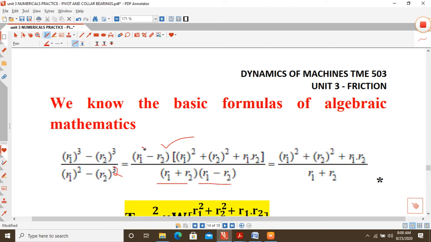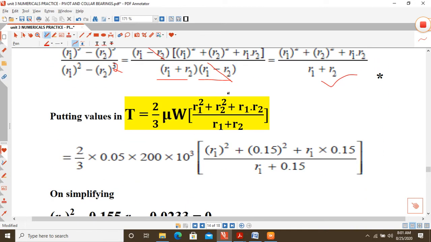This R1 minus R2 cancels with R1 minus R2. So finally it becomes (R1 square plus R2 square plus R1 R2) upon (R1 plus R2). So this is our simplest equation.